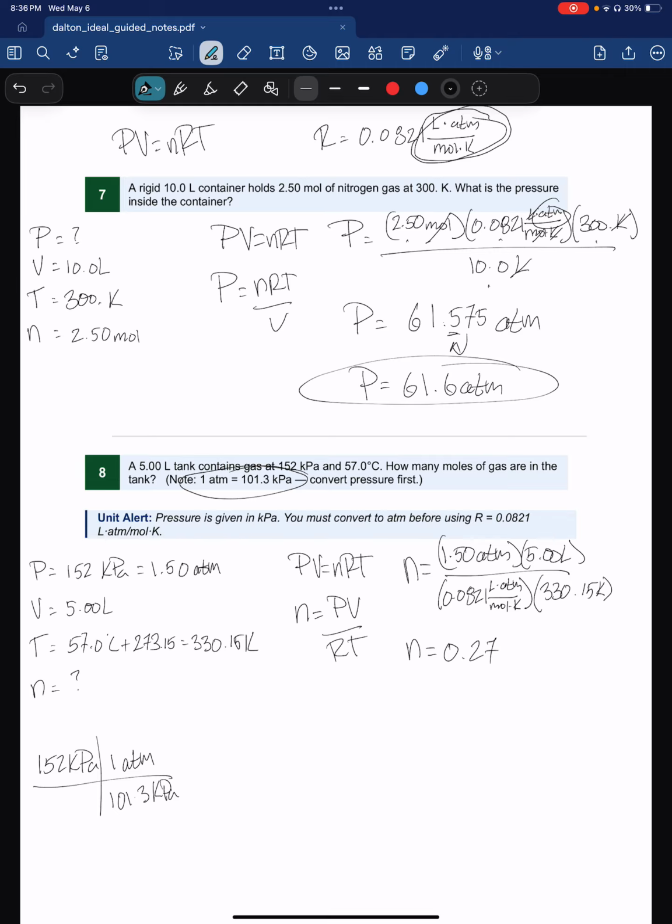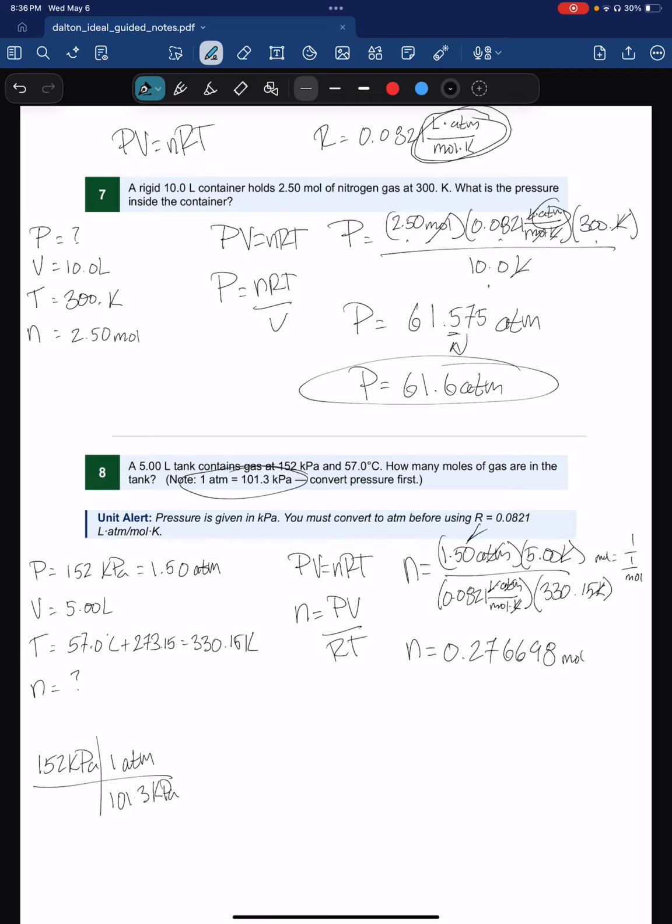I got 0.27669. Let's see, atmospheres with atmospheres, liters with liters, Kelvin with Kelvin, and we're left with 1 over moles over... which is the same thing as moles. Perfect.